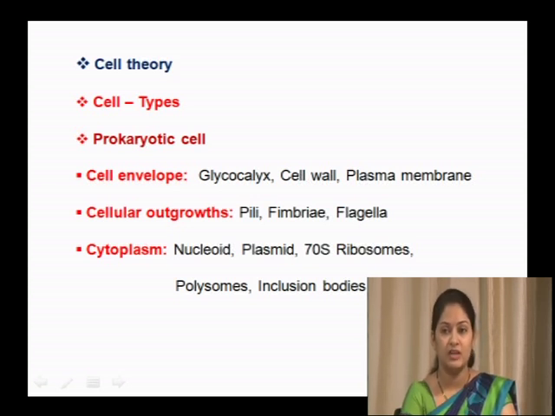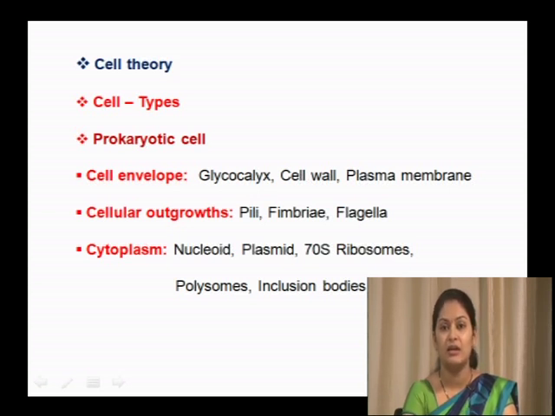Next are the cellular outgrowths, which are referred to as pili, fimbriae, and flagella. Pili and fimbriae are outward growths which are proteinaceous in nature. Pili are found only in gram-negative bacteria, and are made up of a protein called pilin.